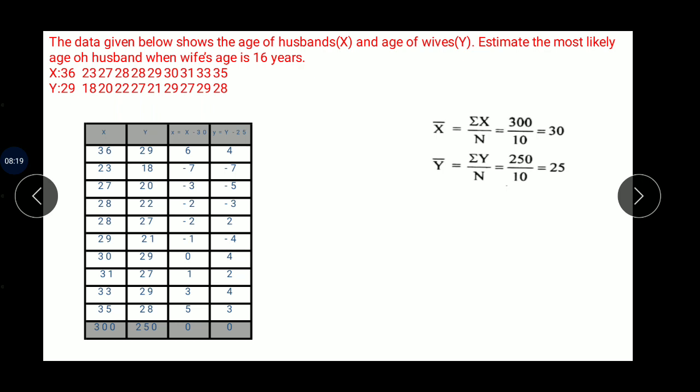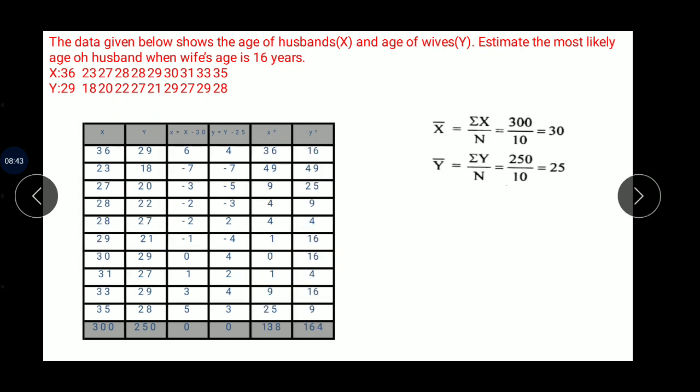Mean for the y series is 25. So we will subtract 25 from each of the y series. 29 minus 25 is 4. 18 minus 25 is minus 7. 20 minus 25 is minus 5, 22 minus 25 is minus 3, and so on, and its sum will also come out to be 0.